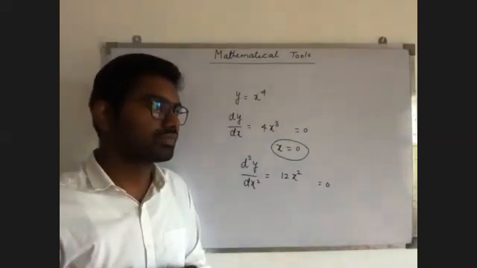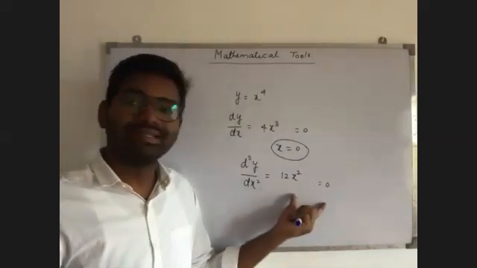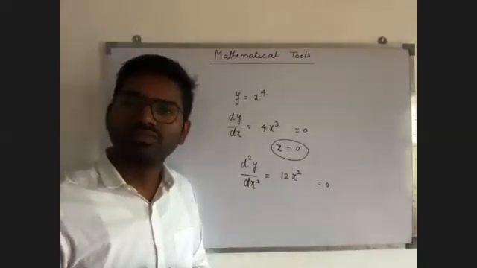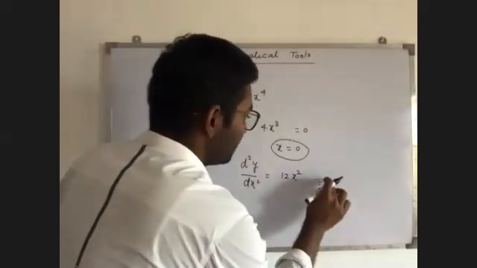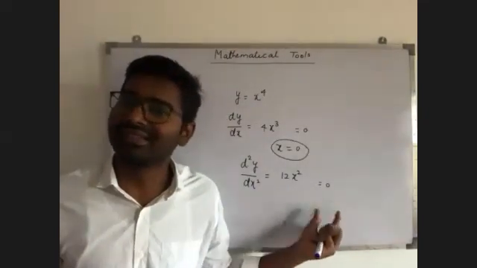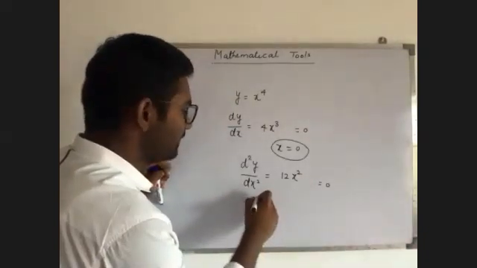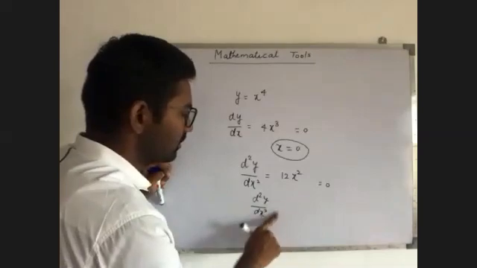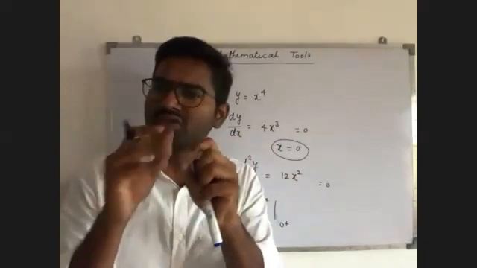Is it right? d2y over dx square is 0 at x equals 0. Clear? Is it clear, guys? Now look here. It means that it is not following our concept. Neither is it greater than 0 nor less than 0. What we need to do is calculate d2y over dx square for 0 plus, meaning 0.000 something.